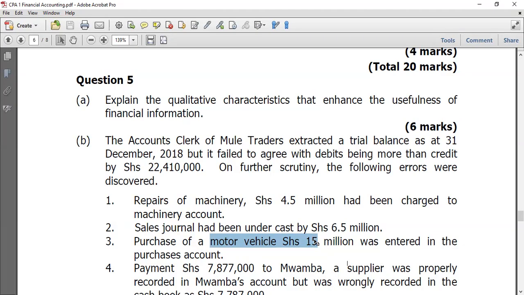And that's why, when you're looking at errors, you also need to go back and understand what this business is all about. Because if it was a business dealing in vehicles, like a car bond, a purchase of a motor vehicle would definitely go to the purchases account because that is what they deal in and resell. But in the case here, where these guys don't deal in vehicles, definitely this would not have to appear under the purchases account. So that is an error of principle as well, okay?